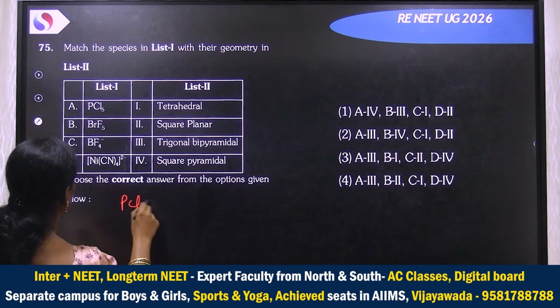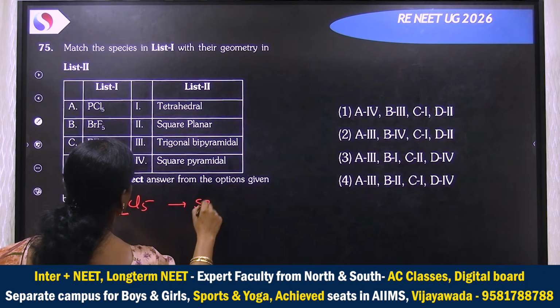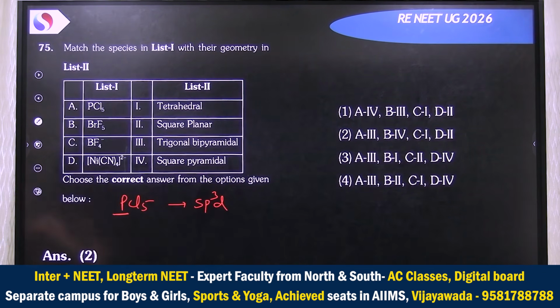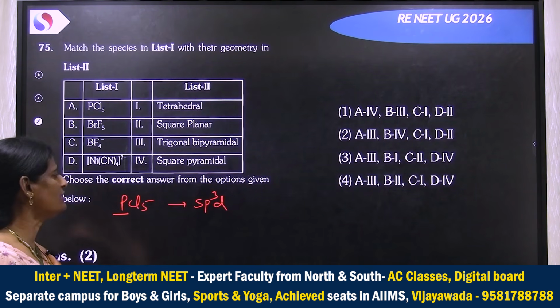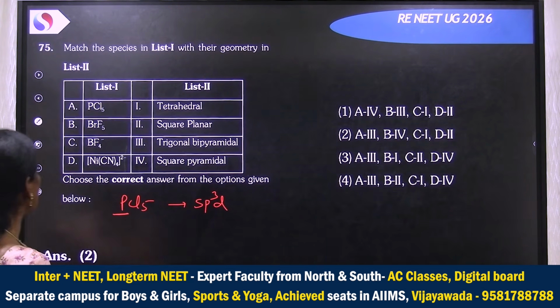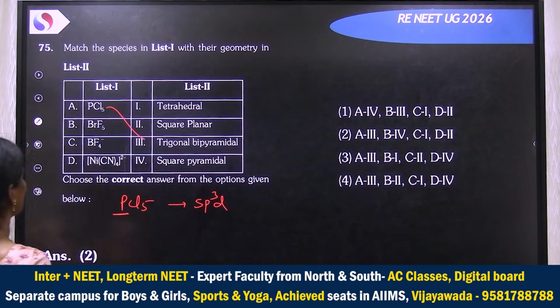The hybridization of phosphorus in this is sp3d hybridization and no lone pairs on the central atom. So shape is according to hybridization, a trigonal bipyramidal. So PCl5 is trigonal bipyramidal.